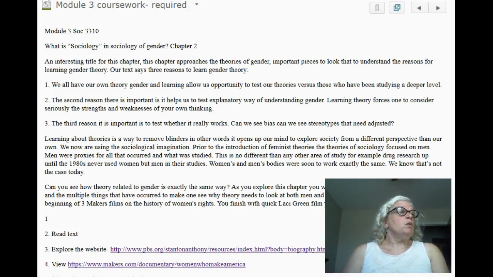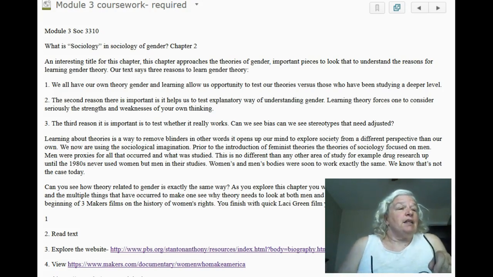Learning theory forces one to consider serious strengths and weaknesses in our own thought. And the third reason it's important is to test whether it really works, and can you see the bias that is in almost all situations and the stereotypes that we can see.